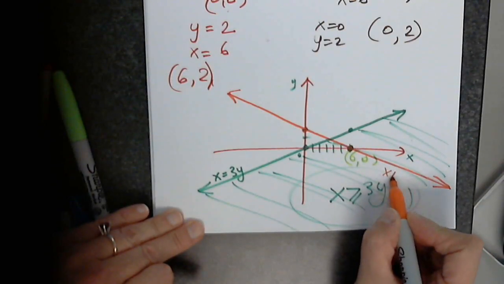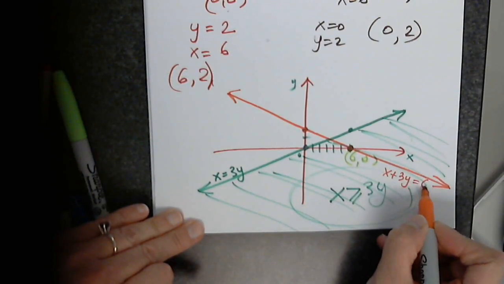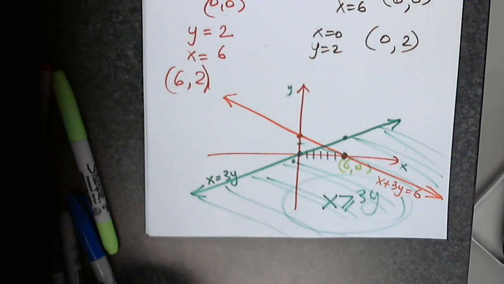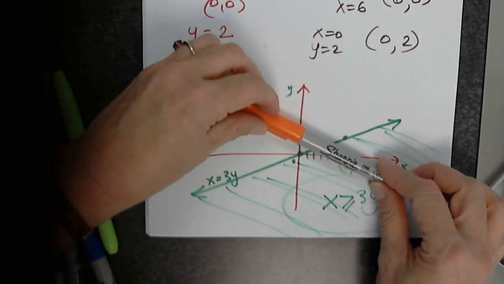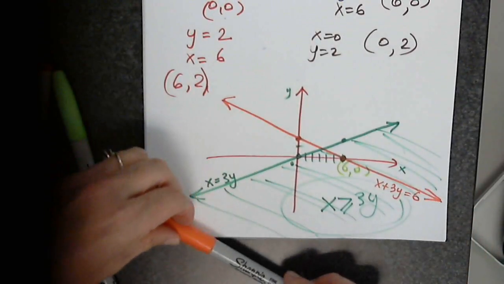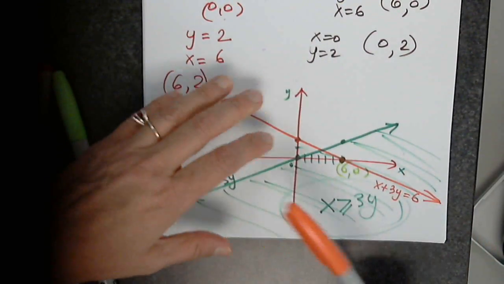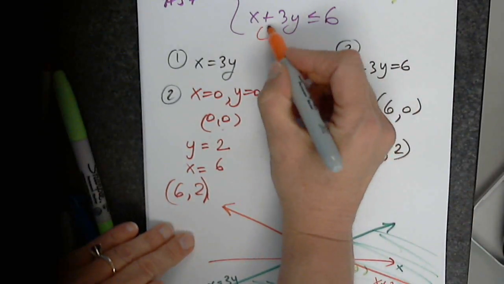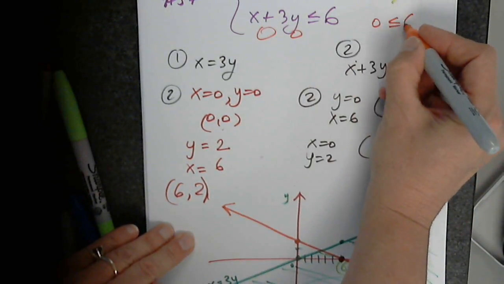Right? So this is only x plus 3y equals 6, nothing else. Can I pick the origin now? Yes. For this one, I can pick the origin, and I notice that is the area below the graph. So 0, 0. Is 0 less than or equal to 6?